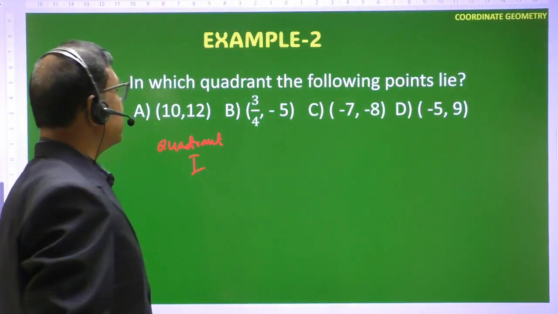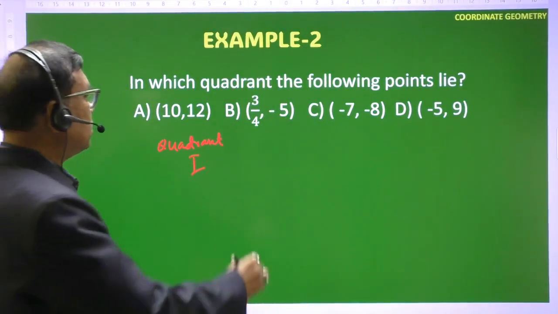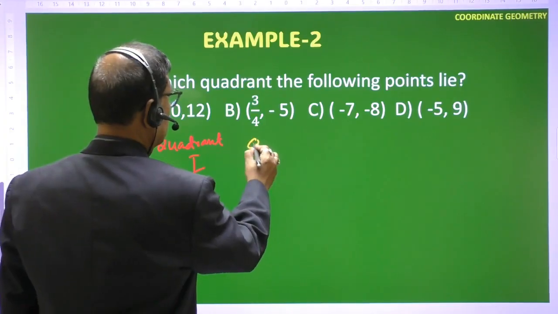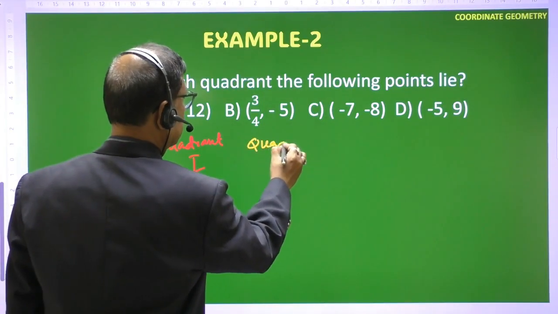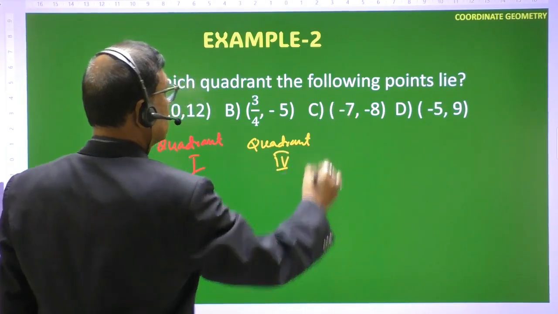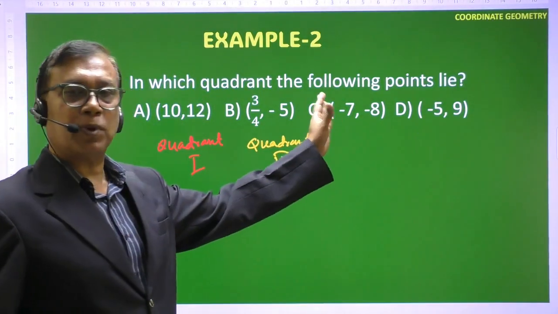Now second point, plus minus. So plus minus means fourth quadrant, quadrant number 4. Minus 7 comma minus 8, that means both are negative.